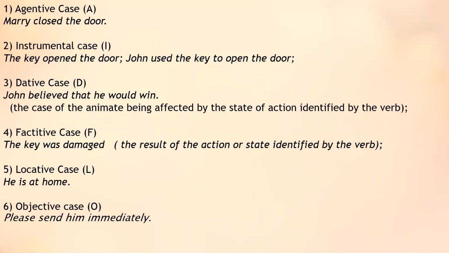As the agentive case, the example, Mary closed the door. An instrumental case, John used the key to open the door, or the key opened the door. And for dative case, the example, John believed that he would win.